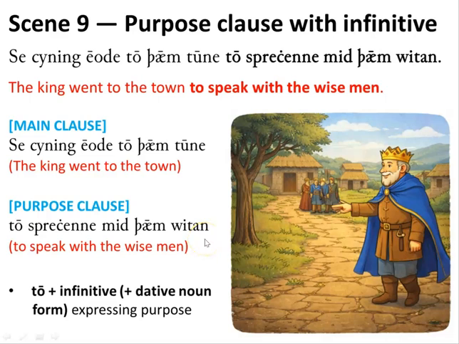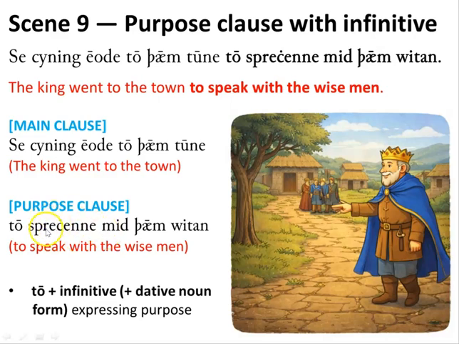Now, if you have a look here, what you have is a clause that can't stand on its own, because who's speaking with the witan? It's not clear. It's not an independent sentence, a sentence in its own right. It is a subordinate clause. It's not a full sentence. There's not enough information in it to make it a full sentence. All right. The infinitive, tos beretjene.